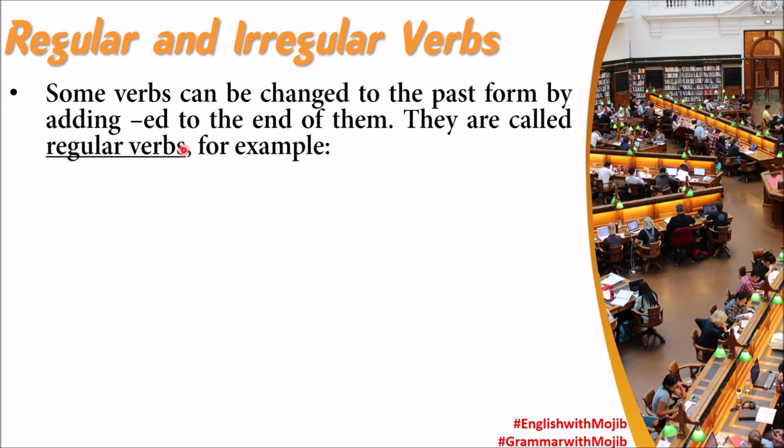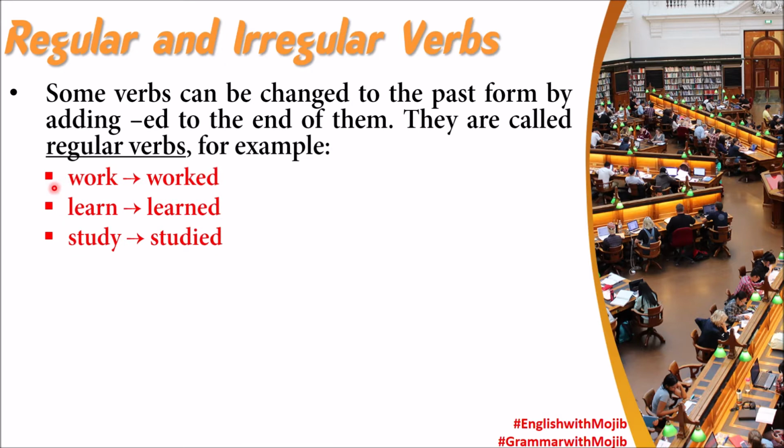They are called regular verbs. It means they follow a rule, a sort of regulation. For example, work, worked. Learn, learned. Study, studied. As you see, Y changes to I.